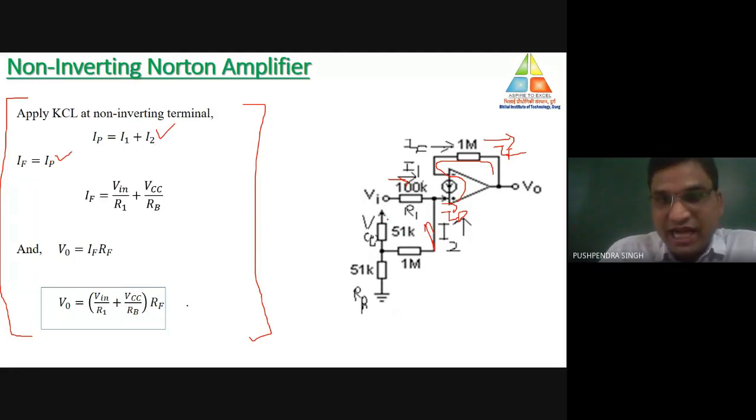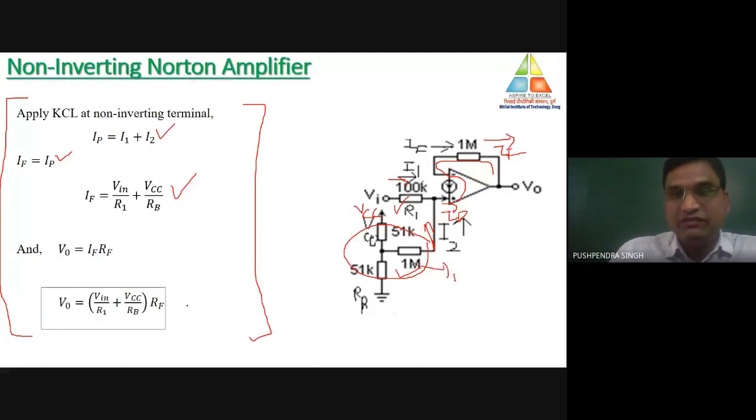What is I1? I1 is the voltage drop across this resistance, that means Vin divided by R1. What is I2? I2 is the voltage drop across these resistors. Let the voltage be VCC, so VCC divided by RB. RB is the equivalent resistance of all these resistances.